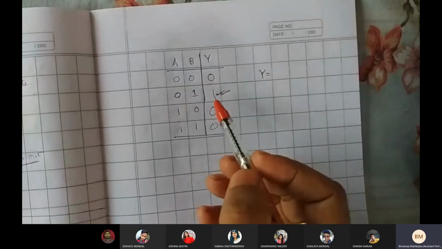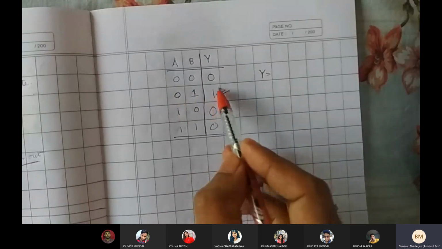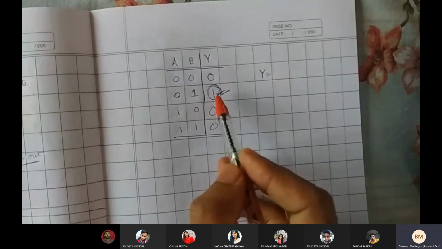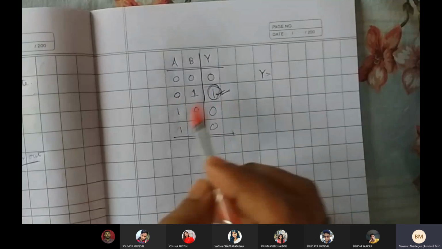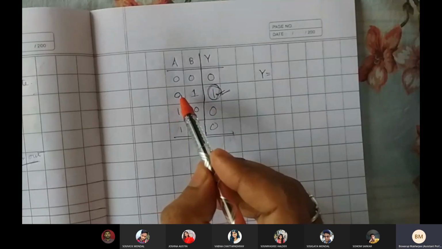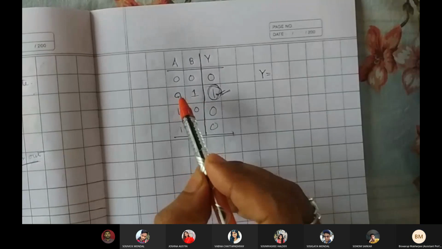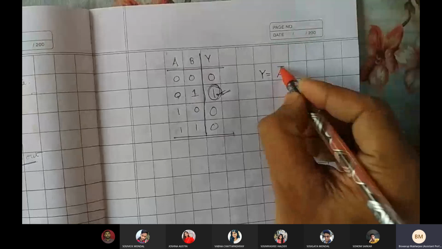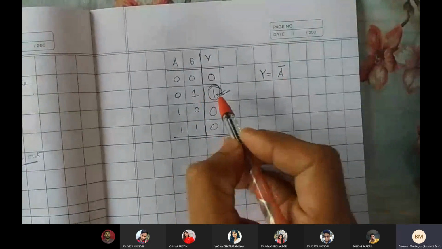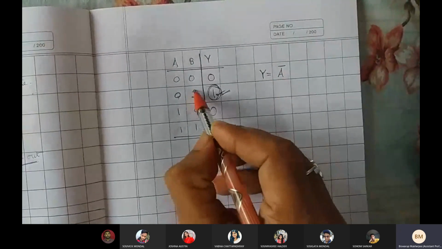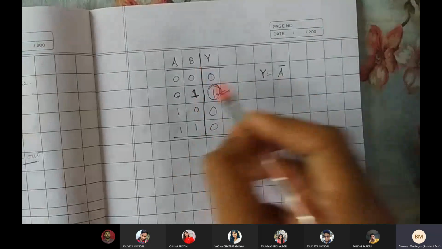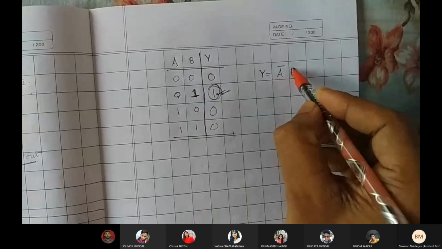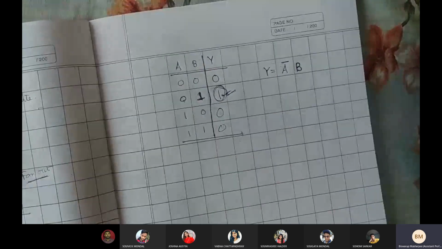Make sure that if we are considering 1 as output, then an input value of 0 would be written like A bar. And the input which is 1, that is B here, will be written directly, with no complementary version.